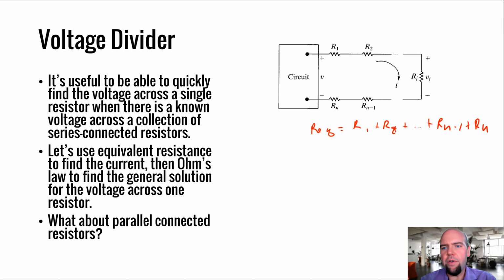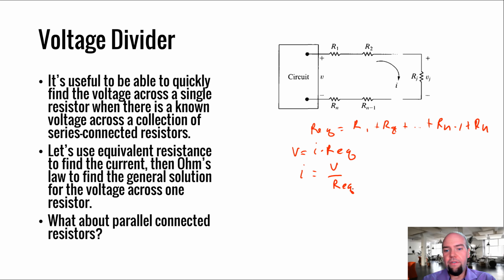We don't know how many resistors there are, but the equivalent resistance is going to be the sum of these resistors. We know also that if we have this voltage V applied across this resistor collection with resistance Req, because V equals I times Req, the current is going to be I equals V over Req.